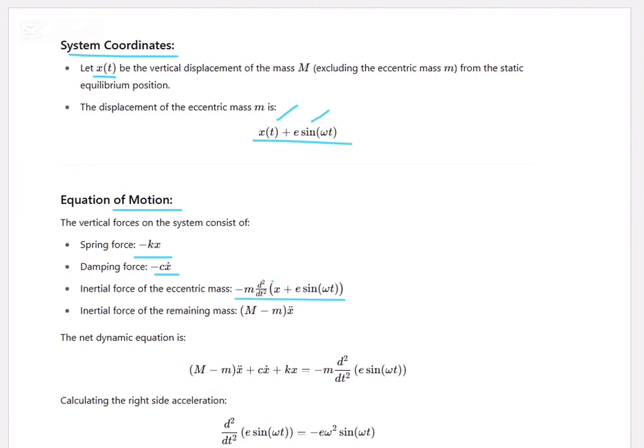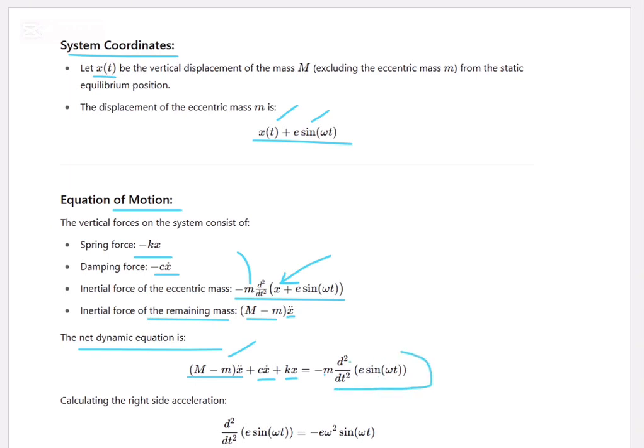Inertia force due to the eccentric mass is m times d squared by dt squared of x plus e sine omega t. Inertia force of the resisting mass is M minus m times x double dot. The net dynamic equation is (M minus m) x double dot plus c x dot plus kx plus m d squared by dt squared of e sine omega t.